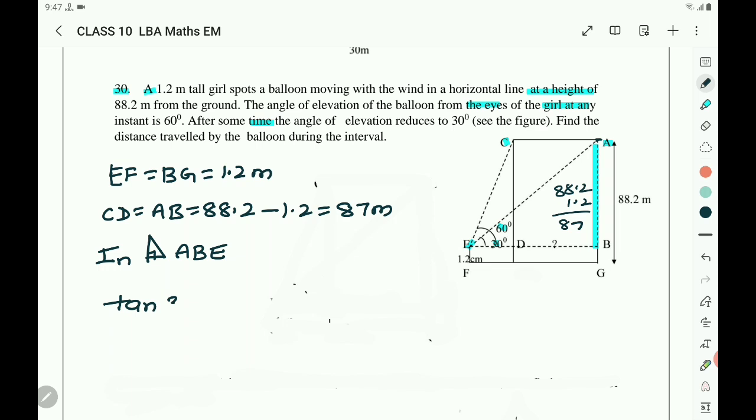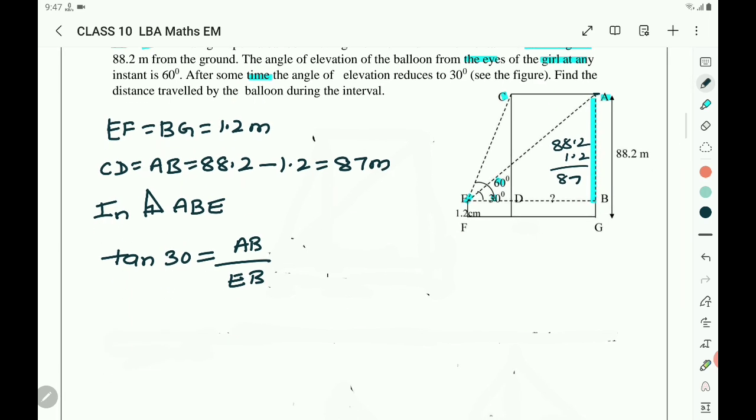Tan. Tan 30 is equal to opposite side AB by adjacent side EB. Tan 30 value is 1 by root 3 equals AB is 87 by EB. Do the cross multiplication. 1 into EB is EB. EB is equal to 87 root 3 meter.